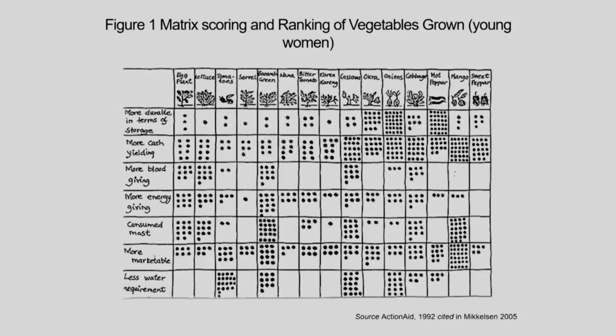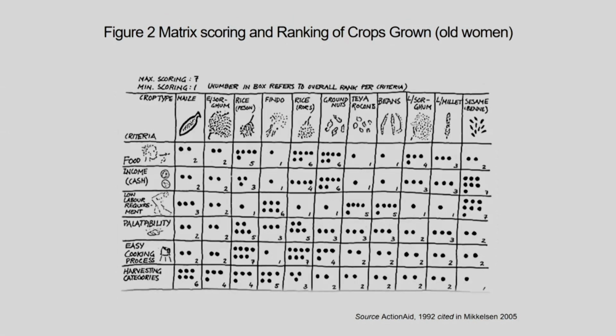This is an example of a matrix scoring and ranking of vegetables that are grown in Gambia, and this participatory method was employed among young women. These are three matrix scorings that I will show. This is a matrix scoring and ranking of vegetables grown by young women. This is a matrix scoring and ranking of crops grown by older women.